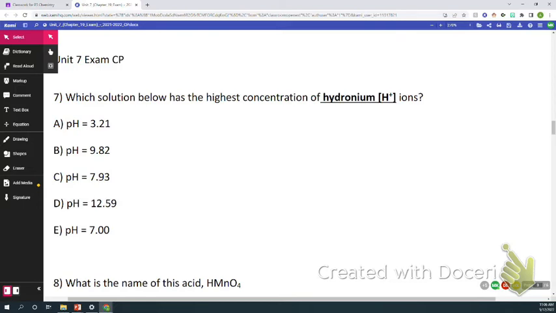So what pH would have the highest concentration? A. It's as simple as 3.21 there, and you're done. The other ones are all like, this is a base, that's a base, that's a base, and that's neutral. B is a base, C is a base, D is a base, E is neutral.